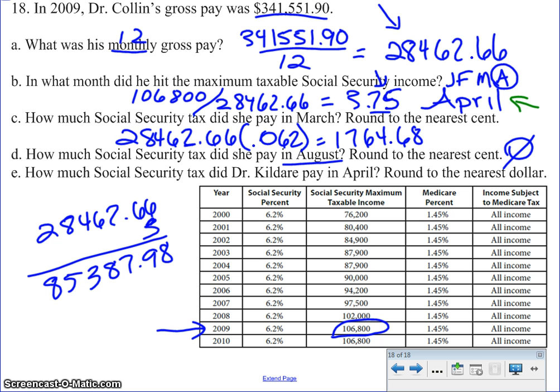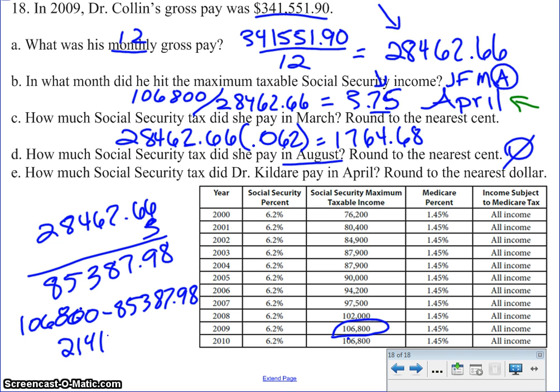Now I'm going to go ahead and subtract that value from the table maximum to find out how much of the income in April he paid Social Security based on. So it's the $106,800 minus the $85,387.98. And I get a total of $21,412.02.